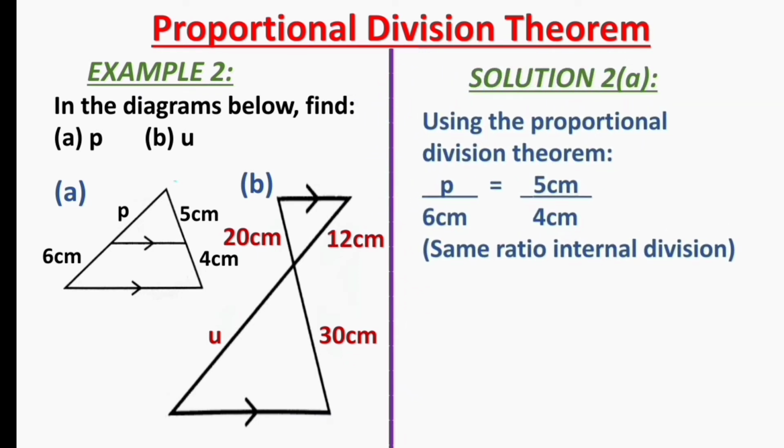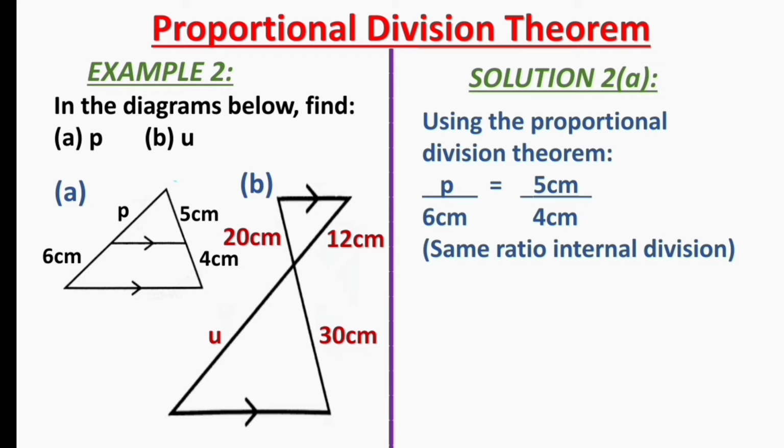Using the proportional division theorem and looking at same ratio internal division, we have these equal ratios. P divided by 6 centimeters should be equal to 5 centimeters divided by 4 centimeters. If you solve this equation, what would be your value for P?